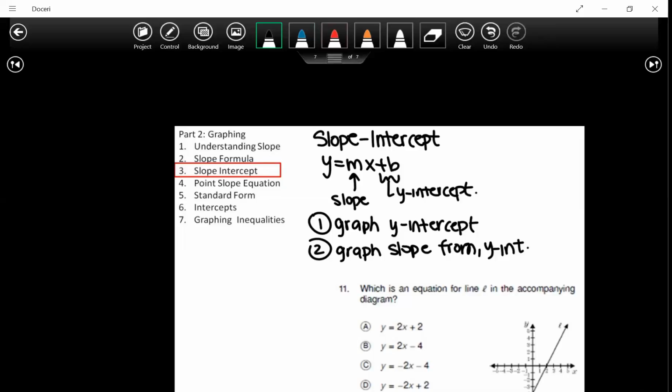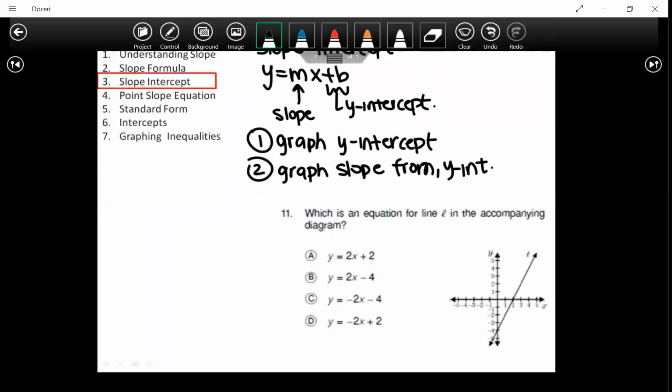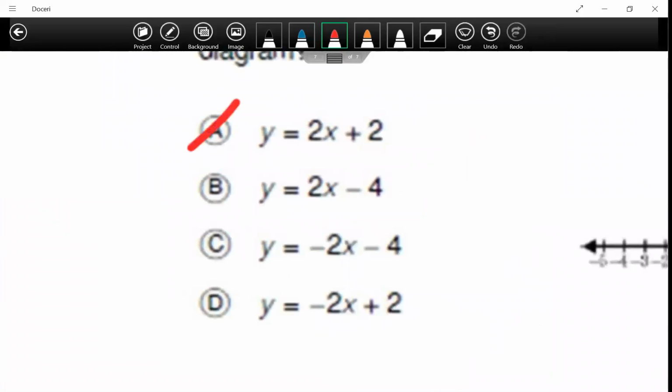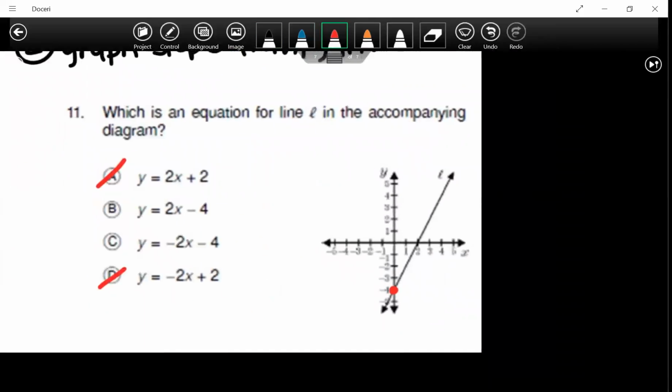So that's how we want to be able to graph slope intercept. Looking at this one, it's in slope intercept form, so I notice that it crosses the y-intercept at -4. So A and D are already crossed out because those are not going to help us. Then I want to find my rise over my run.